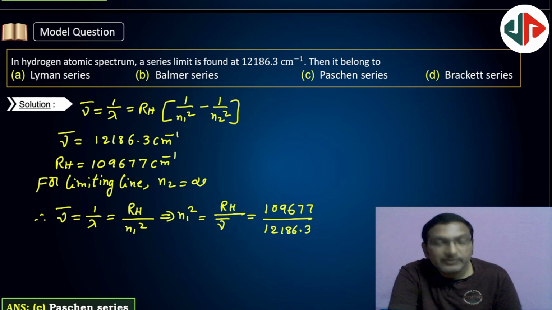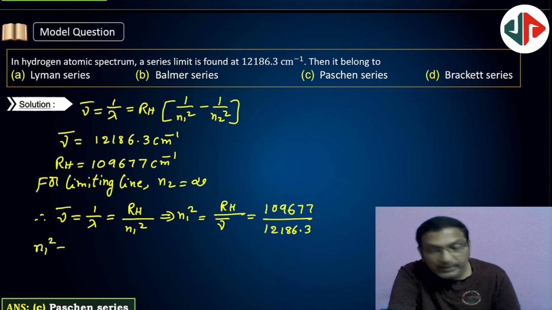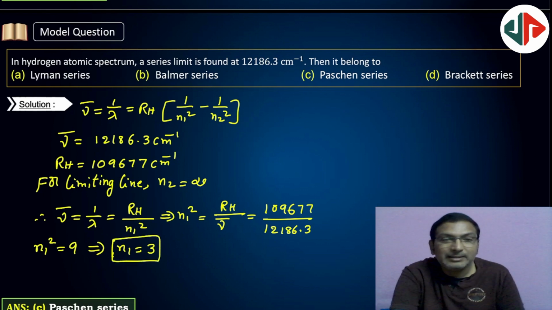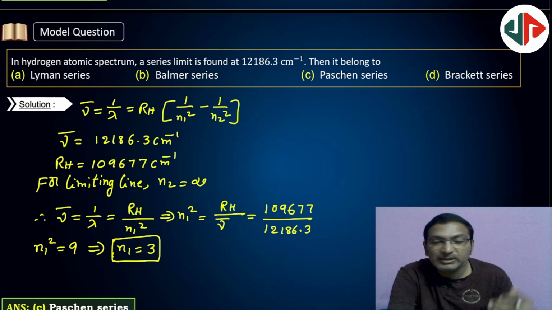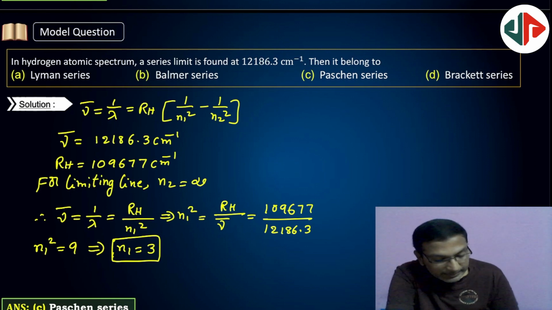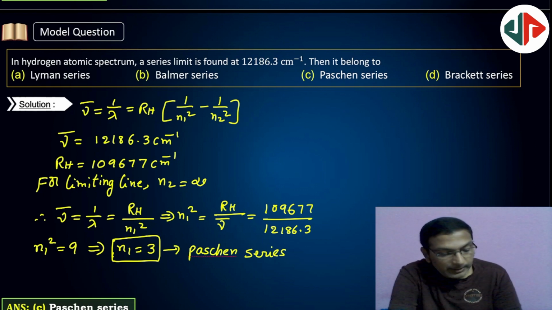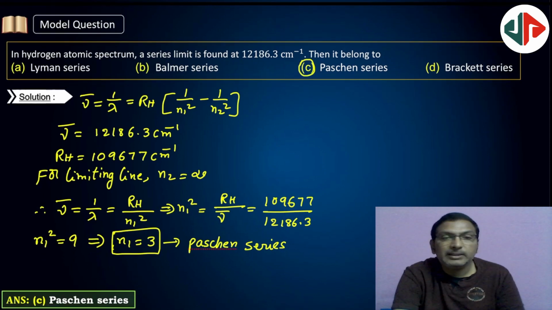So from this, N1 square equal to 9, that implies N1 equal to 3. So electronic transition from infinite level to third level. So since lower level is 3, this becomes Paschen series. So option will be C. Transition belongs to Paschen series.